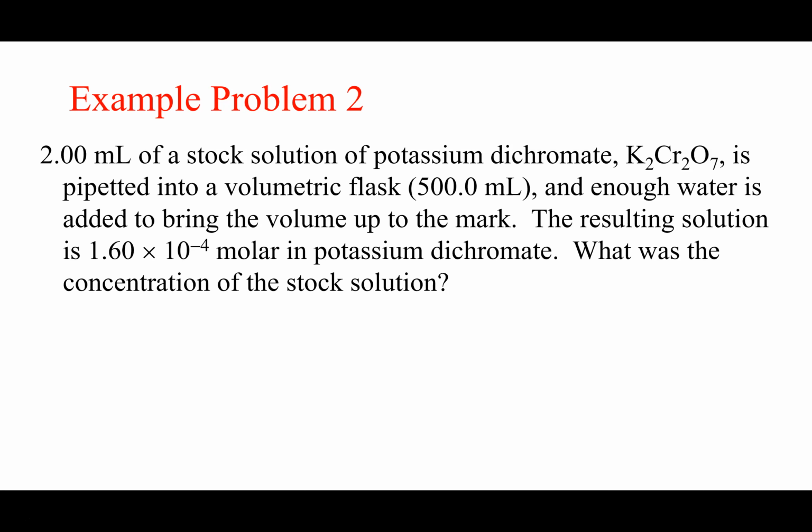It means for my diluted solution, I have 1.60 times 10 to the negative 4th moles of K2Cr2O7, potassium dichromate, per 1 liter solution. Now, granted, I have 2 solutions, but since I'm writing it over here on the right, I know that's my diluted solution. And so the question mark is, what is the molar concentration of my stock?